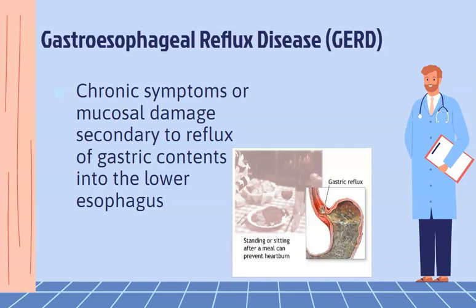Starting off with GERD, or gastroesophageal reflux disease. So this is probably one of the most common disorders that we are going to see as a co-occurring disorder in a lot of the clients that we treat in the hospital.